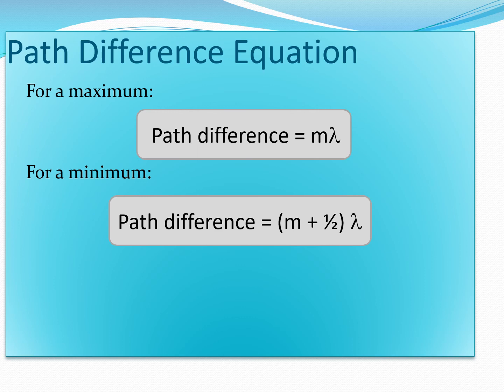Because at the first order minimum, as discussed, your path difference is half of a wavelength, therefore m has to equal 0. At the second order minimum, the path difference is 1.5 wavelengths, therefore you have to sub in 1 here. It's quite annoying, I know, but you are mostly asked about maximums, not minimums.